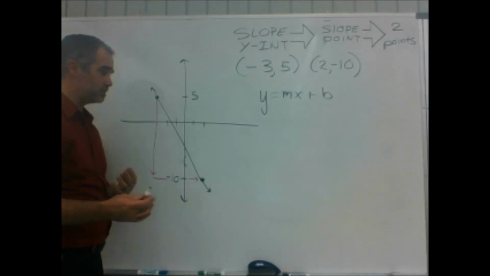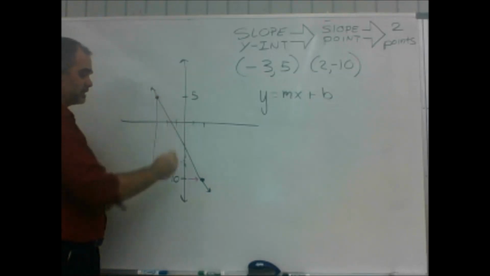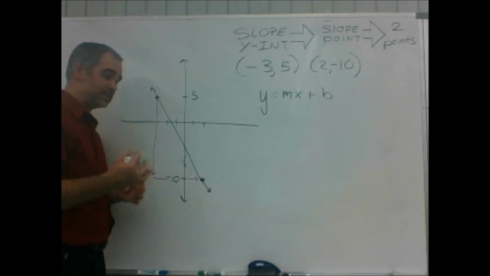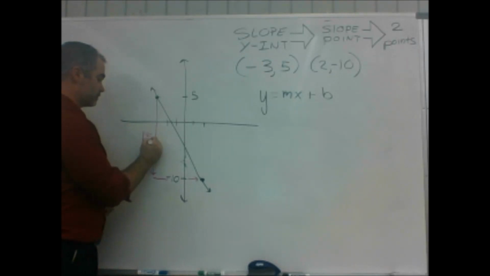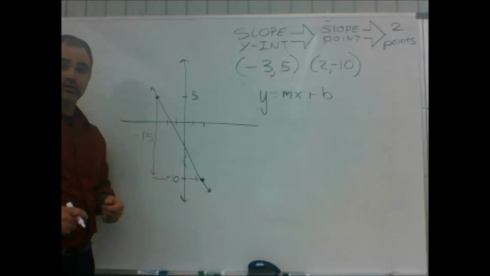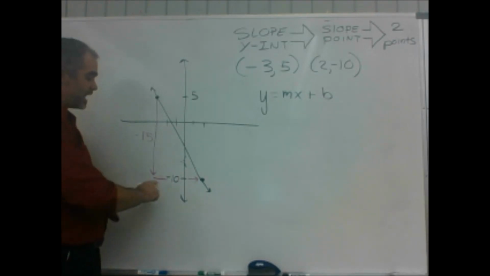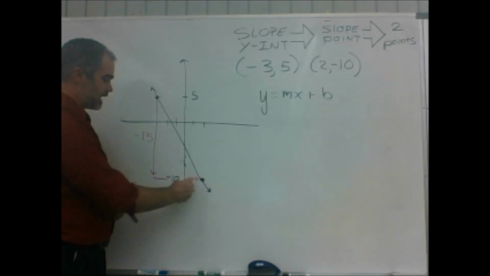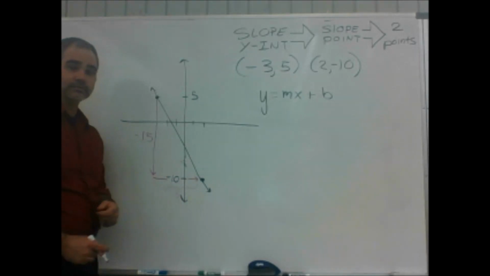It's not actually that hard to do. I have +5 to -10. If you look at that, you see that's a difference of 15. And because it's going down, I'm going to say that that's negative. With the x's, I'm moving from -3 to +2, and you can see that that is a difference of 5.